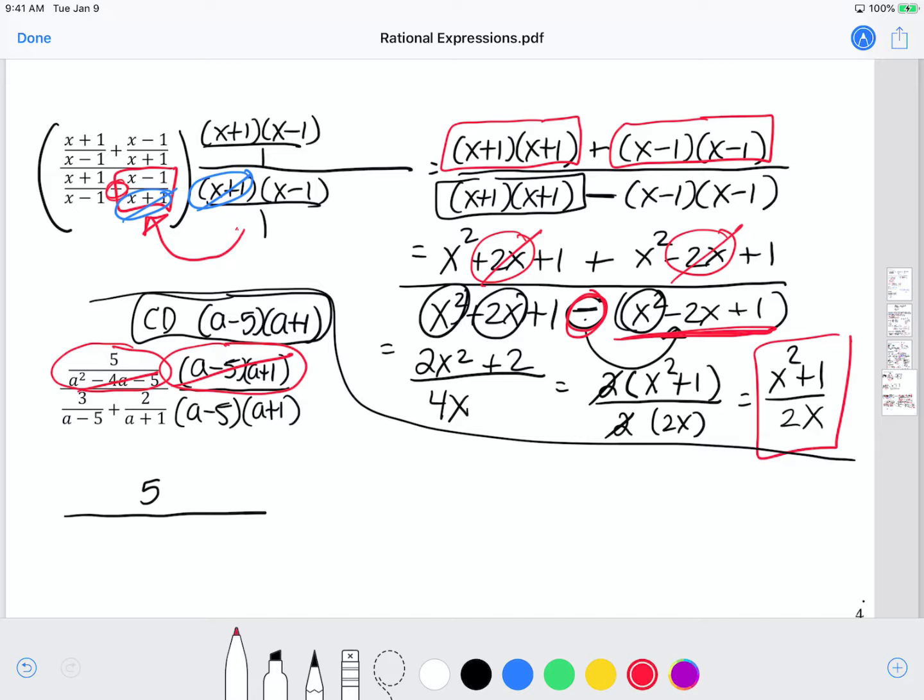Now in the denominator, when I multiply this times the first mini fraction, I can cross off my a minus 5's, and I'm left with 3 times a plus 1. This and this is what I'm left with because I cross off the a minus 5.